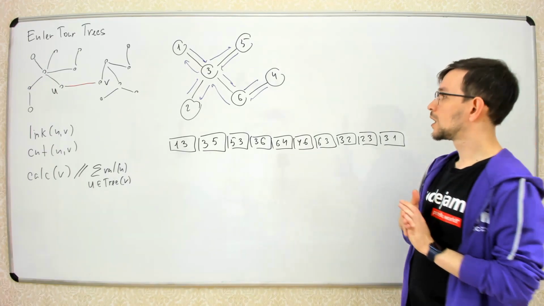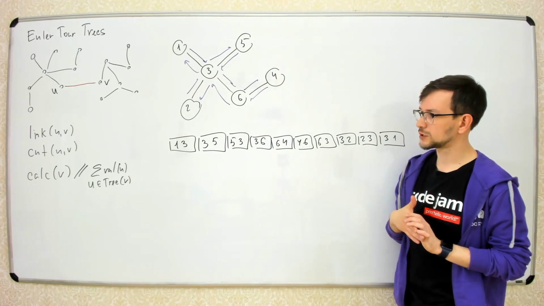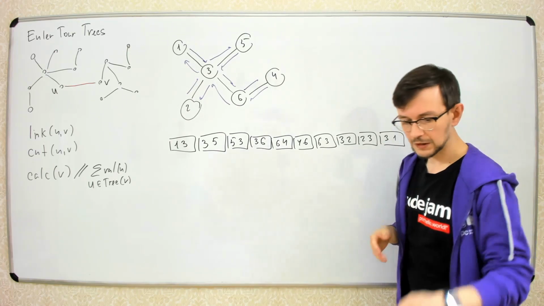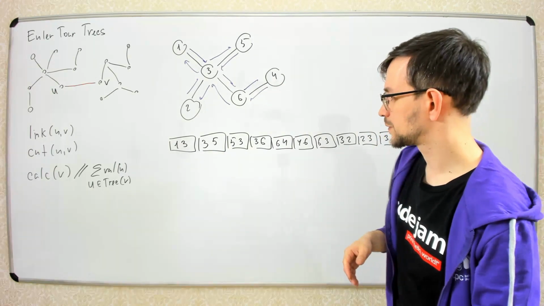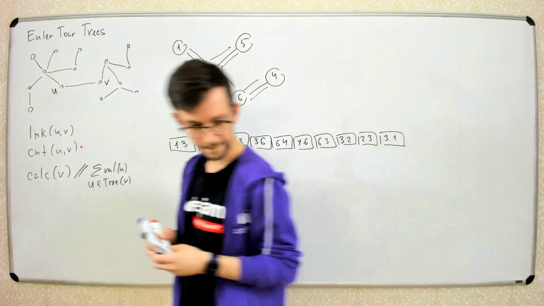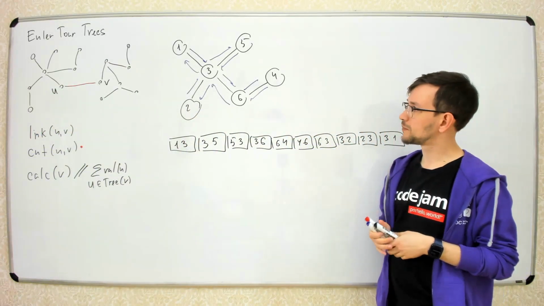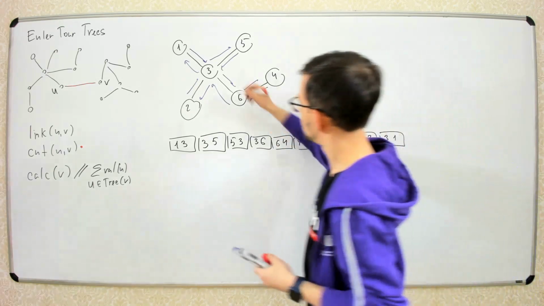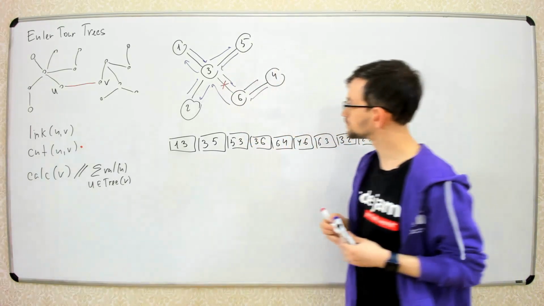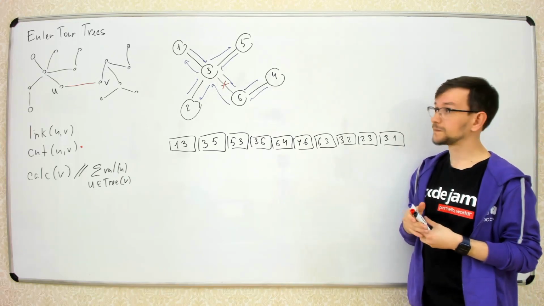Now, how do we perform these two operations? Let's start with the cut operation. When we need to cut some edge, for example edge 3, 6, what happens?